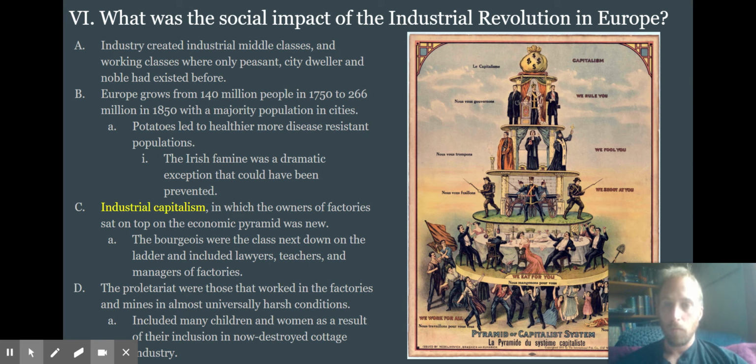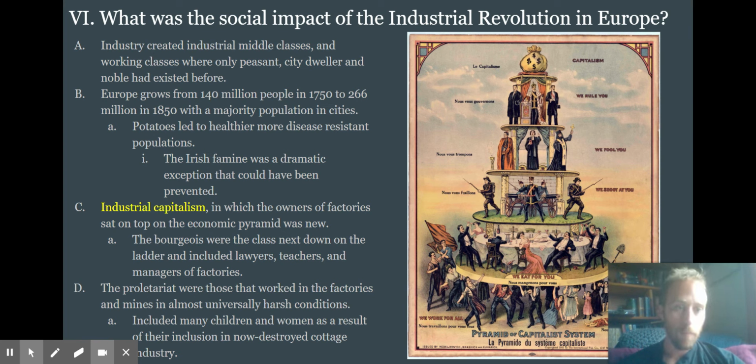Industrial capitalism basically says that the owners of the factories are at the top of this pyramid. You can see the money bag at the top of this image, and you get two classes: the bourgeoisie, who include basically the managers of the factories and those that benefit from capitalism, lawyers, teachers, clerks, bankers, things like that, and the proletariat, those that are working in the harsh conditions of the mines and the factories.